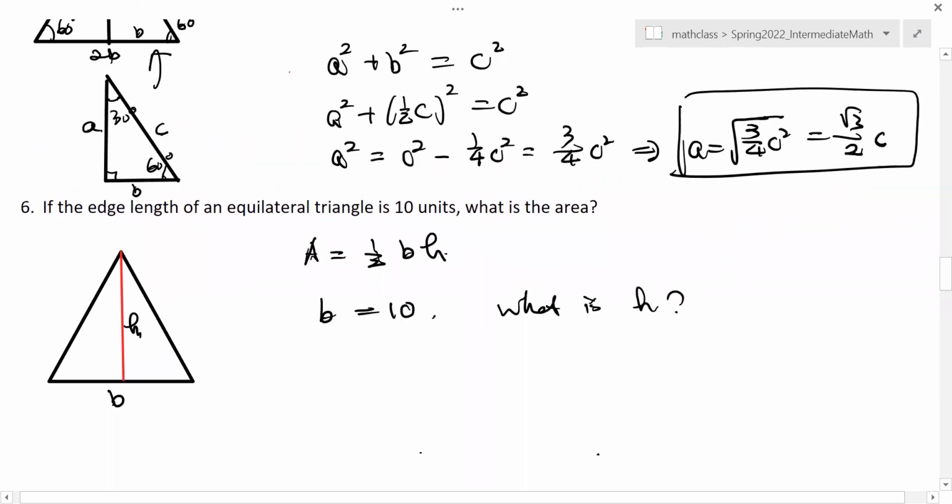So that's my question, and I'll let you think about it first. Once you find h, then you can find the area. Now, equilateral triangle means all the angles are 60 degrees, because the sum of three angles is going to be 180 degrees. That's what we learned from pre-algebra.